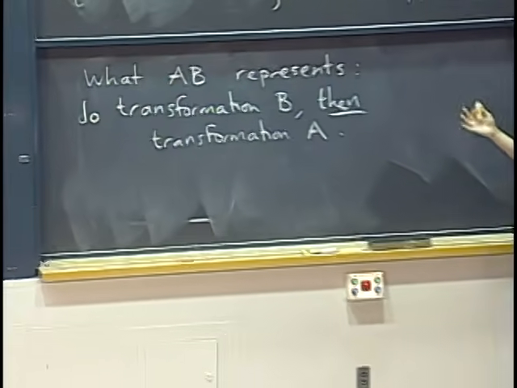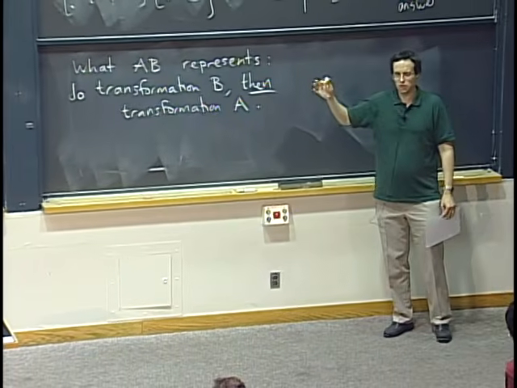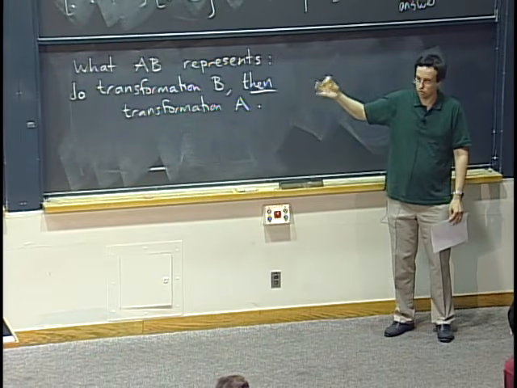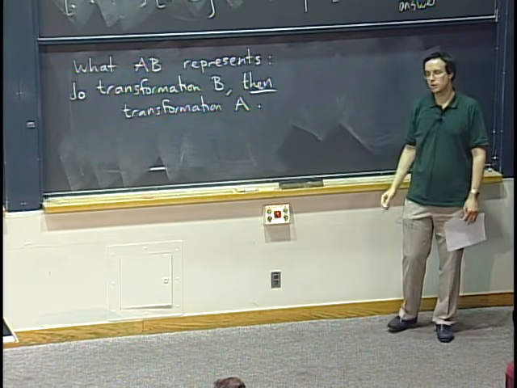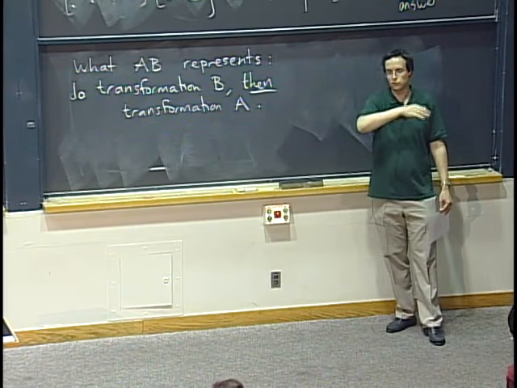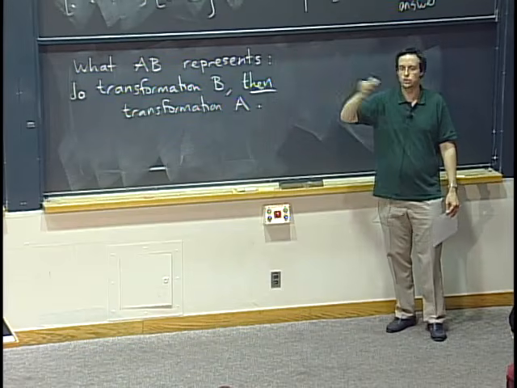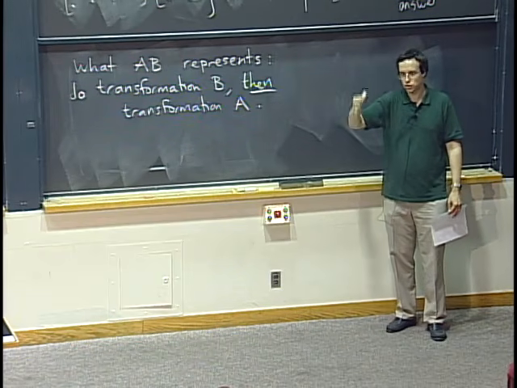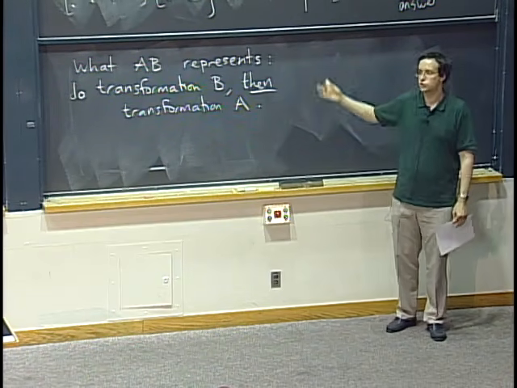Unfortunately, with matrices, the way they're done, you multiply things from right to left. If you think about it, when you have two functions f and g, you write f of g of x. It really means you apply first g, then f. So it works the same way as that.